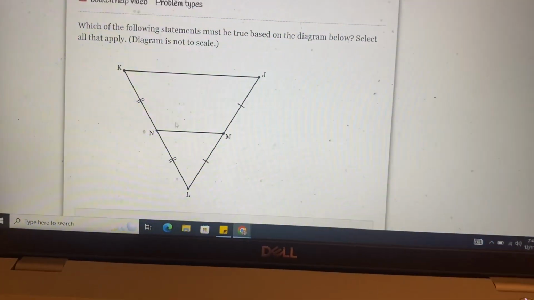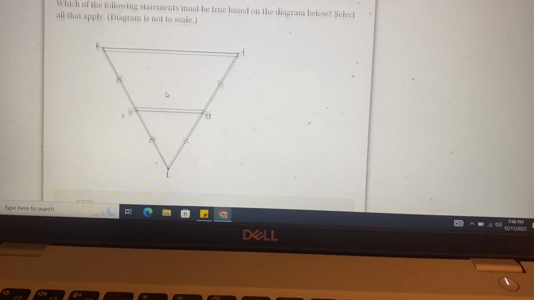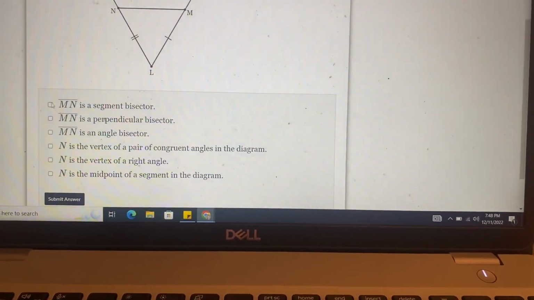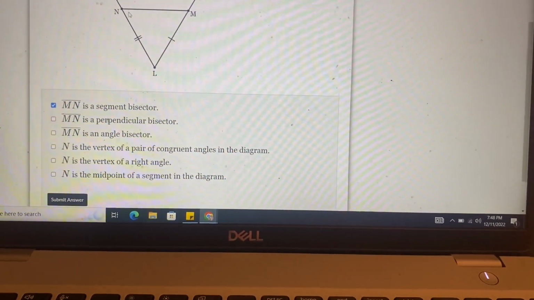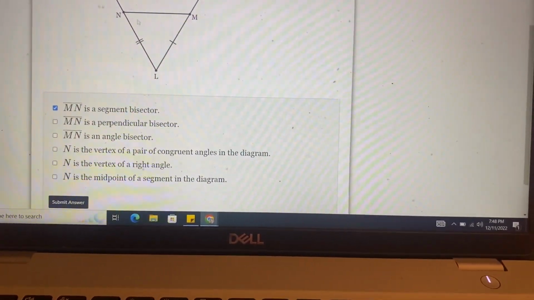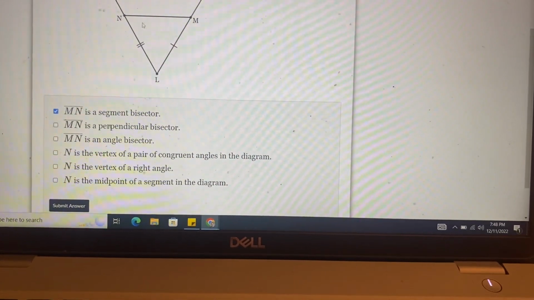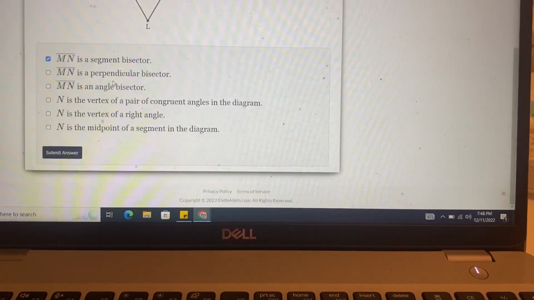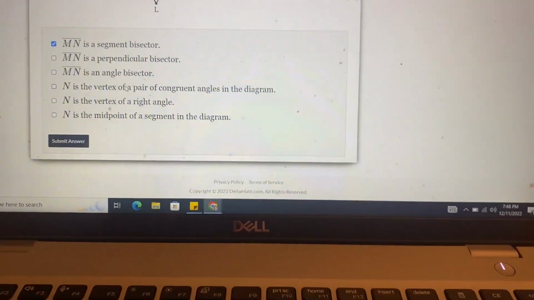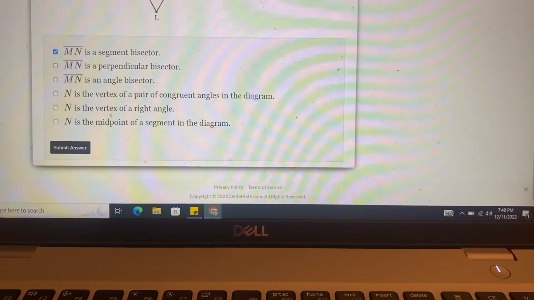If I'm looking at this one that's popping up right now, I can see that MN is a segment bisector. It's not marked as perpendicular, so it can't be a perpendicular bisector. There's no angle here, and I'm definitely not cutting that in half, so MN is not an angle bisector. The angle bisector would be cutting an angle in half. N is the vertex of a pair of congruent angles?